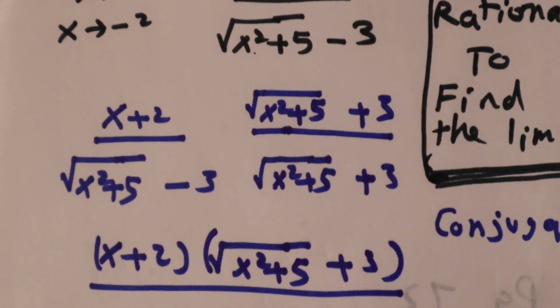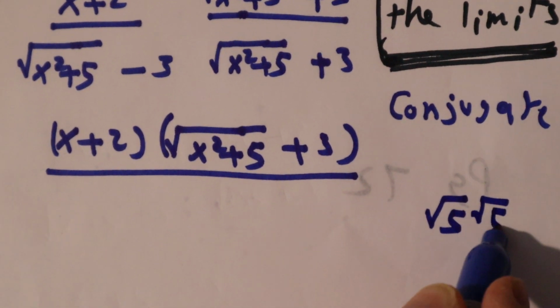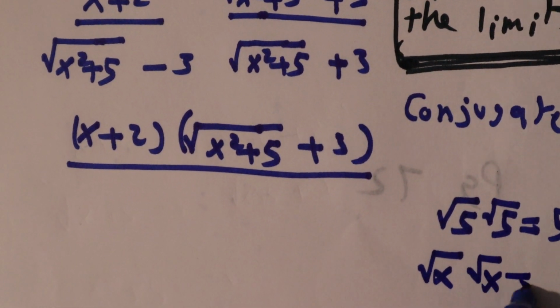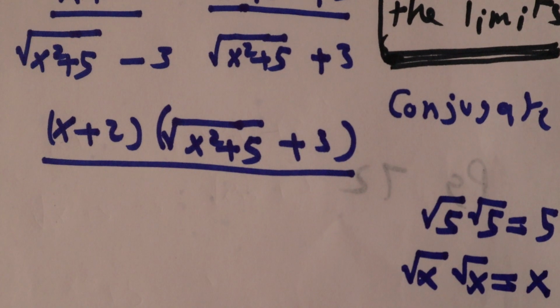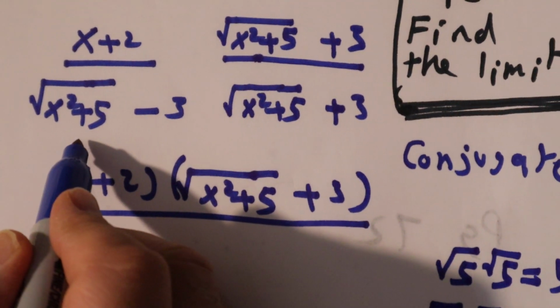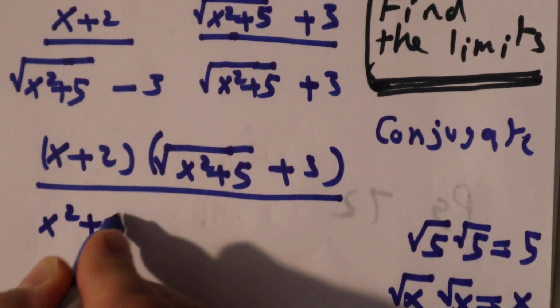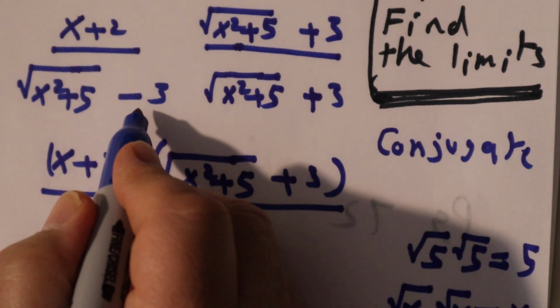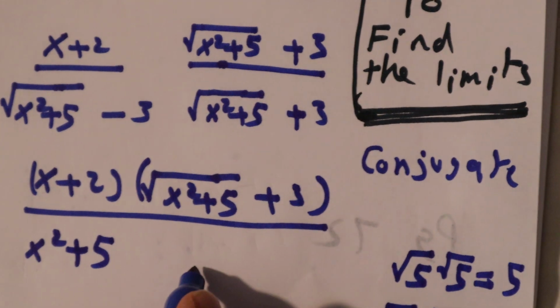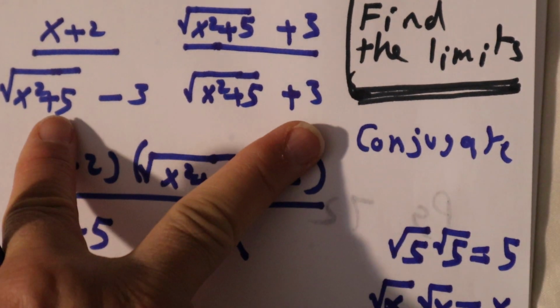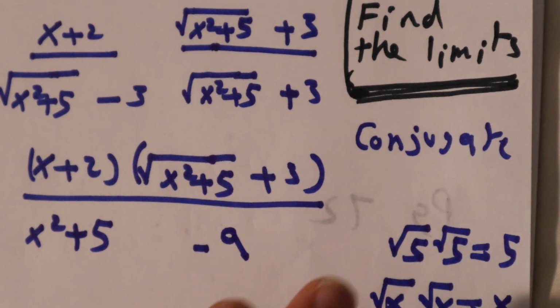Like square root of 5 times square root of 5 equals 5. Square root of x times square root of x equals x. The same here: square root of x squared plus 5 times square root of x squared plus 5 equals x squared plus 5. And we have -3 times +3, which is -9. And no middle term, because plus and minus give 0 in the middle, so no need.